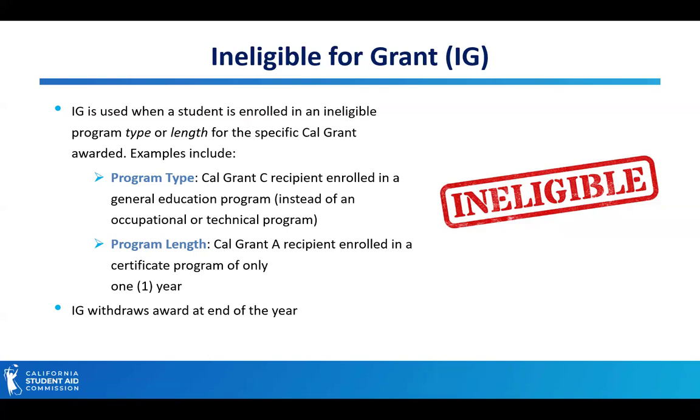Or program length, the example here would be a Cal Grant A student, but they're in a program that is only 1 year in length. So again, that's program length. So in that situation, it would be correct to report IG. And again, if IG is reported, it will withdraw the student's award.